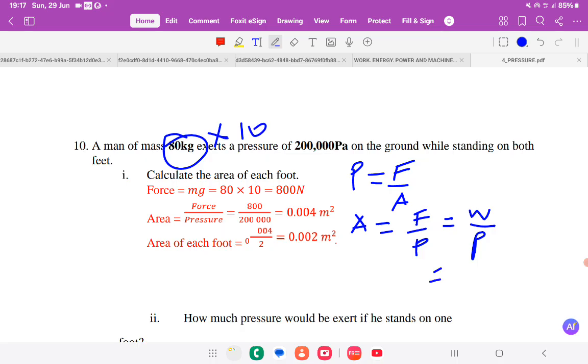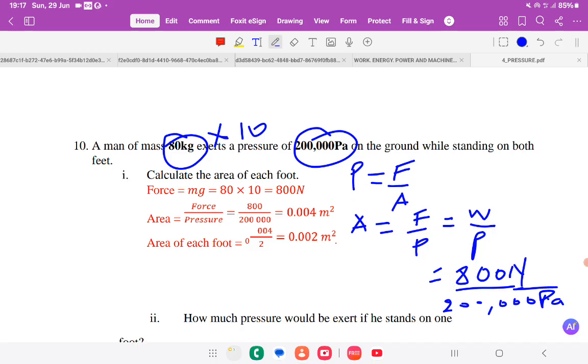So we have 800 newtons divided by pressure, which is 200,000 pascals. Okay, but area is supposed to be in square meters.